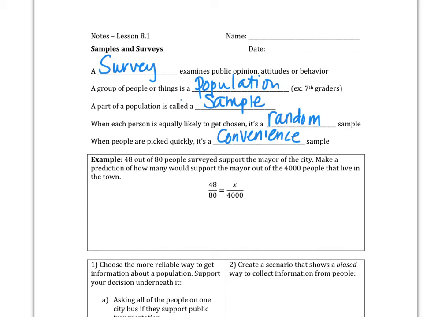So 48 out of the 80, this is right here, is going to be the size of those that are being sampled. So this is our sample. And then this right here is our actual population.